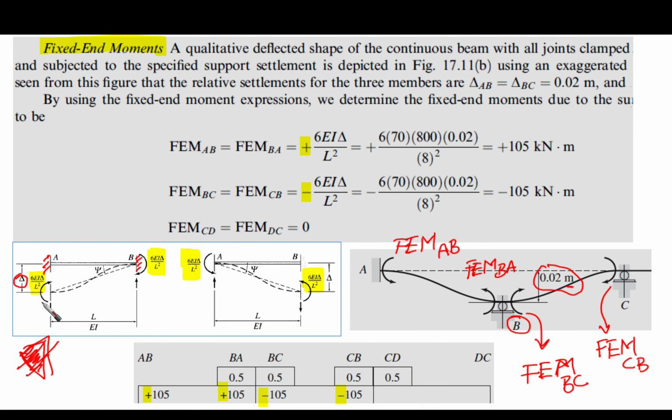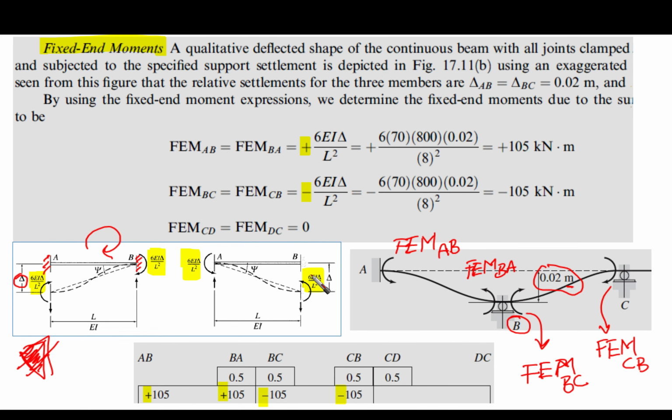Take care: at the point where the settlement of the support occurs, the moment that is going to be developed is clockwise, as you can see. However, at the far end, the moment is also going to be clockwise. So they have the same sense, which is clockwise moment.